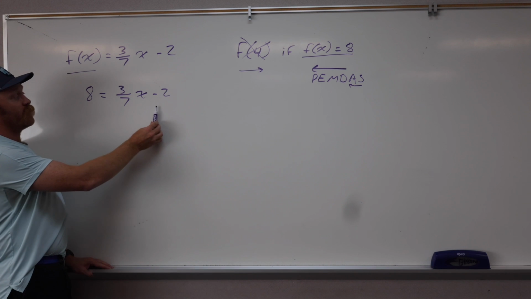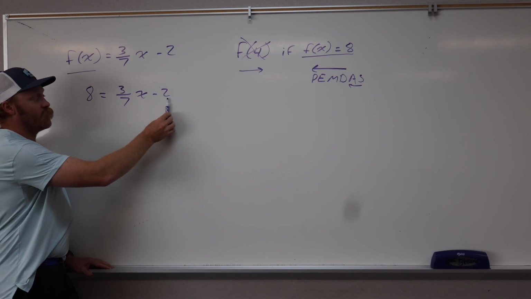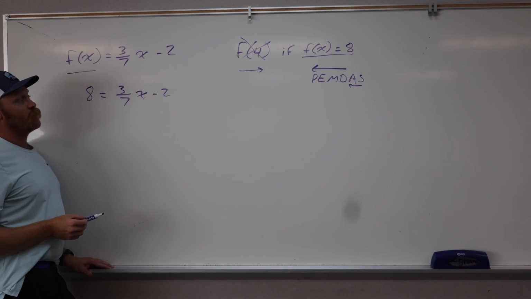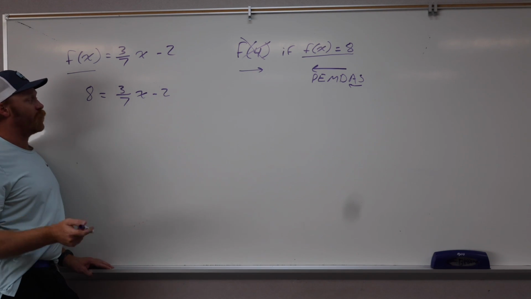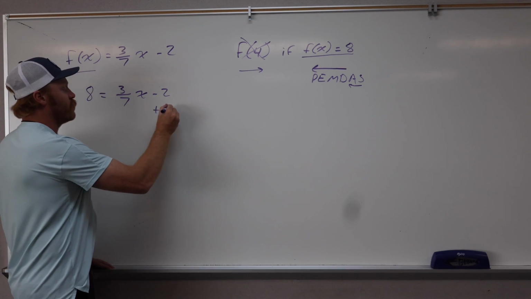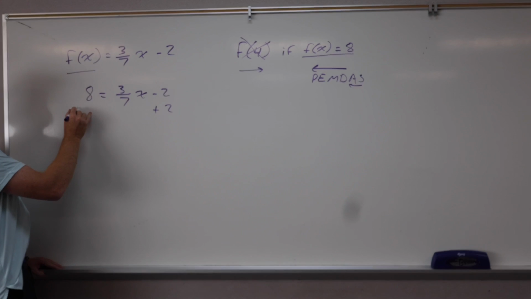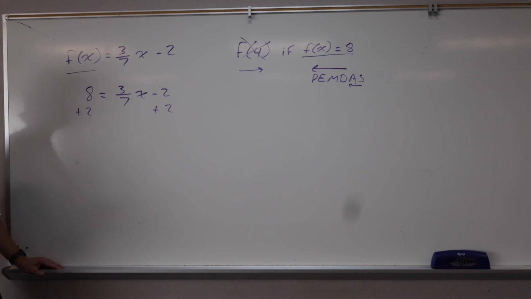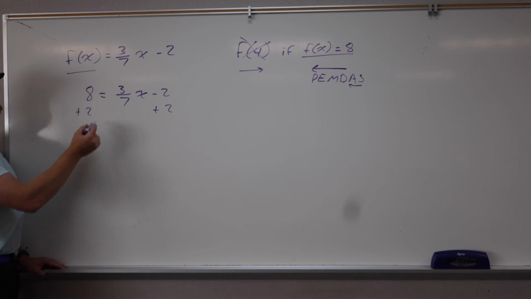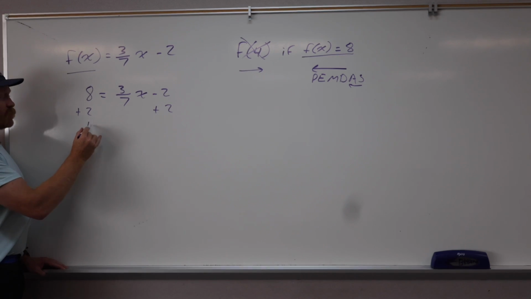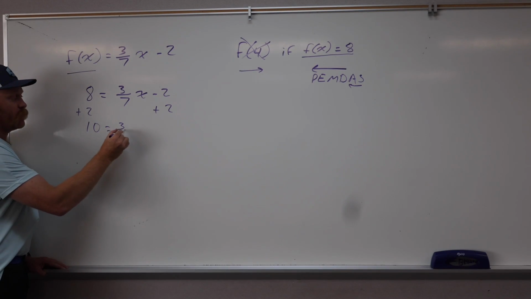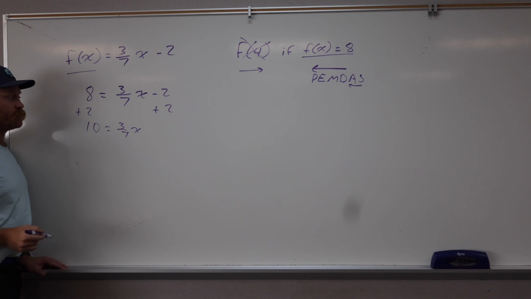In this problem, we have minus 2. The opposite of minus 2 is adding 2. What we do to one side, we'll have to do to the other. So our 8 plus our 2 is going to be 10 equals 3/7 x.